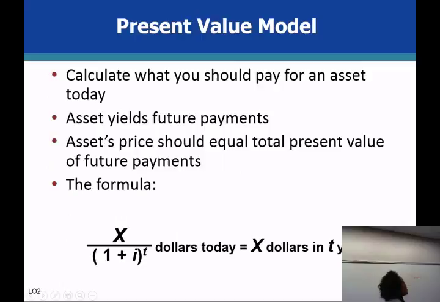All right, so here's our model. Calculate what you should pay for an asset today. We're looking at future payments, so we need to know the present value of those future payments. The calculation here is whatever that dollar amount is divided by 1 plus the interest rate, which is key.